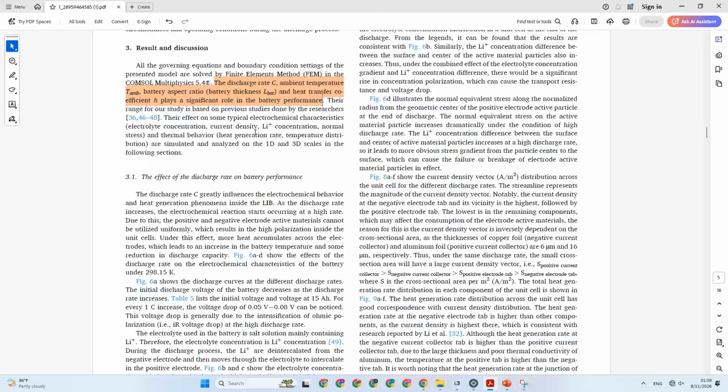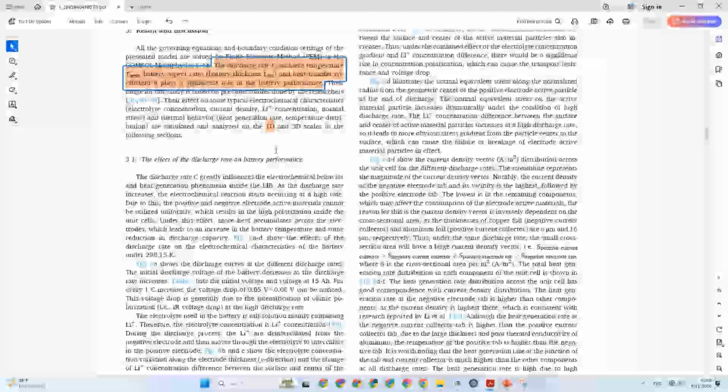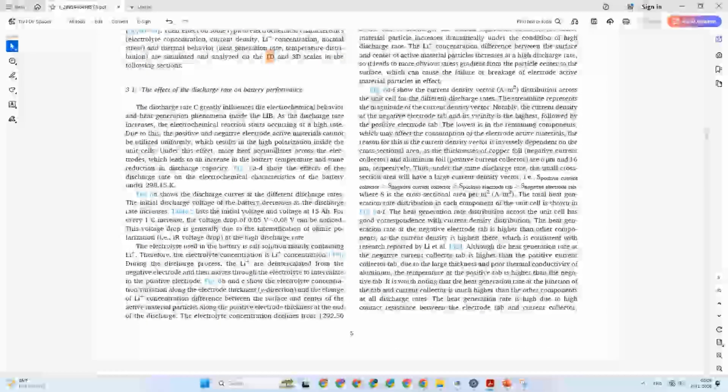The range, okay, for our studies based on previous study, the effect on some typical electrochemical characteristics and thermal behavior are simulated on 1D and 3D scales. That's so weird. I don't know what 1D means here, because we see two parts of 3D, but it's so weird for me.